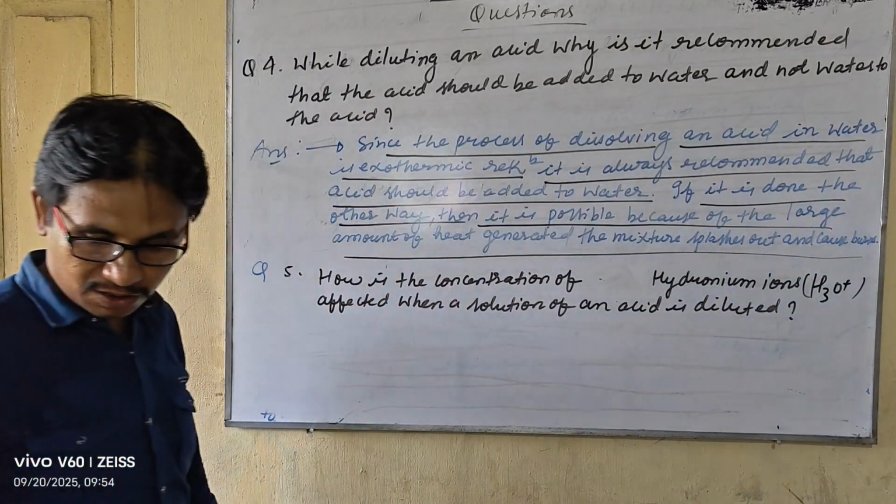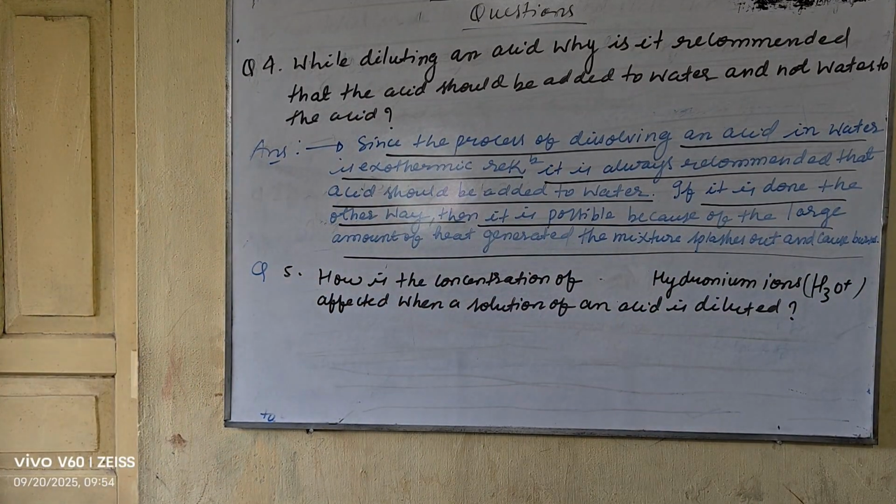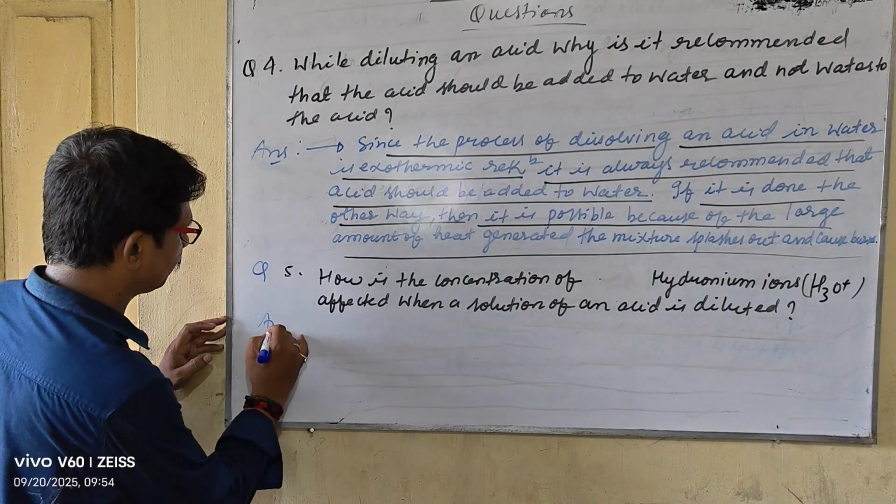How is the concentration of hydronium ions affected when an acid is diluted?